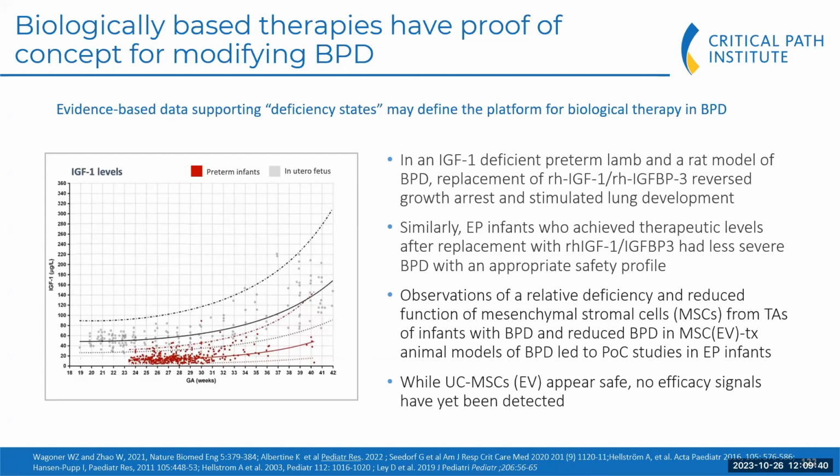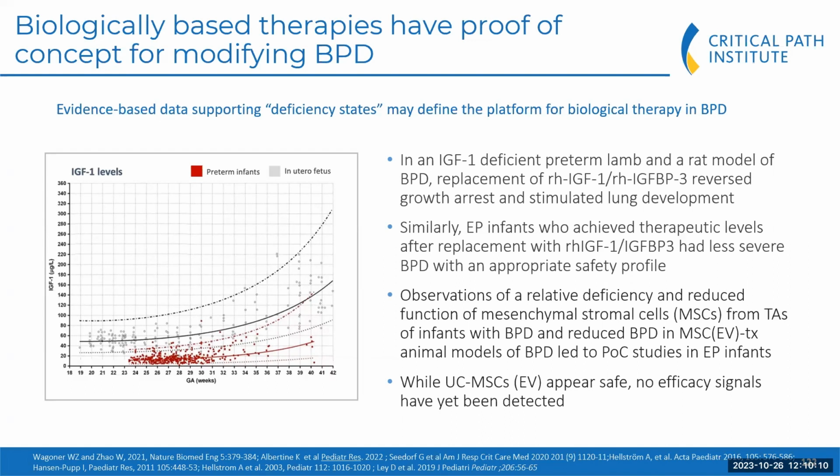So that is a deficiency syndrome. And we've subsequently shown with very detailed pharmacologic evaluations that, yes, this is a deficiency. It's been validated in a preterm lamb model, as well as in a rat model of BPD. If you give IGF-1 and its binding protein, you reverse the disease and you can actually target the development of the lung. So it's stimulating development within the lung and the air spaces.